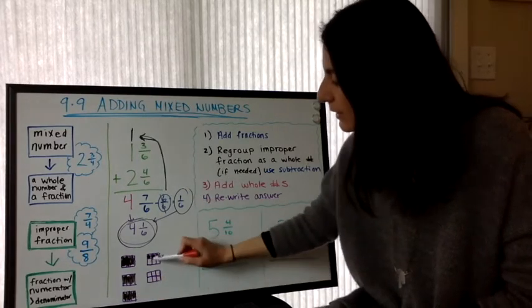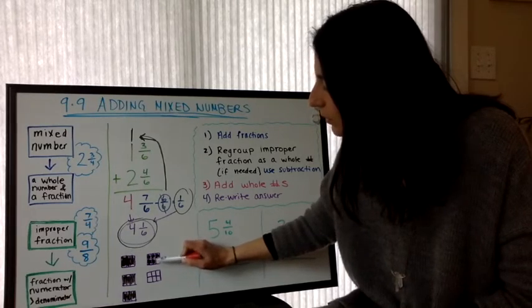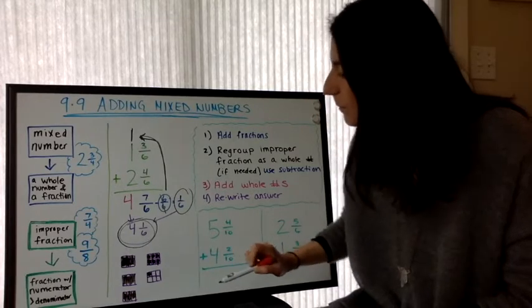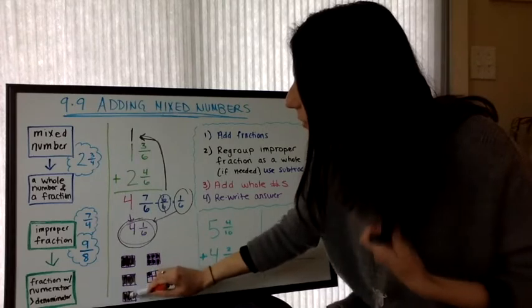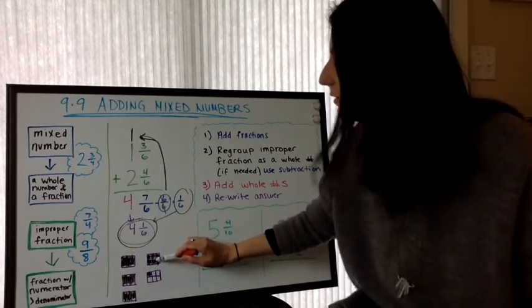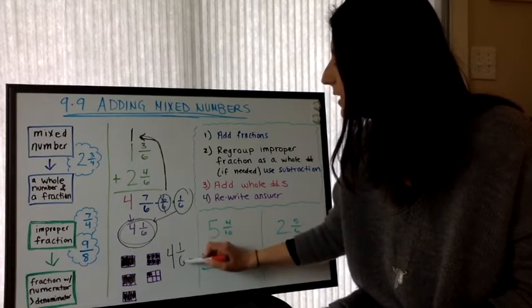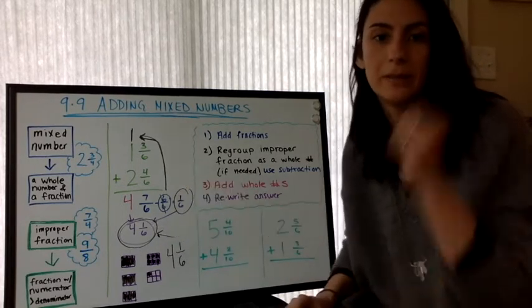Instead of putting that down here, I'm going to add right onto what I started. 1, 2, 3, 4. Now my answer is 4 wholes and 1/6. 4 1/6. And look, that's what I got when I did it just with numbers.